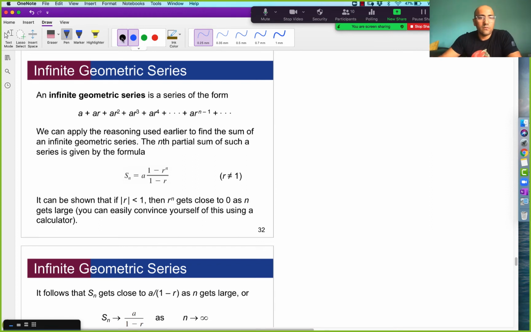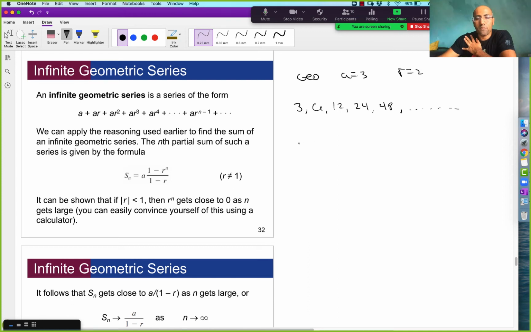Right? So here is an example. Let's say I have 3, and then I'm multiplying by 2. So we get 3, then 6, then 12, then 24, then 48. Here is a geometric sequence where a is 3 and r is 2.